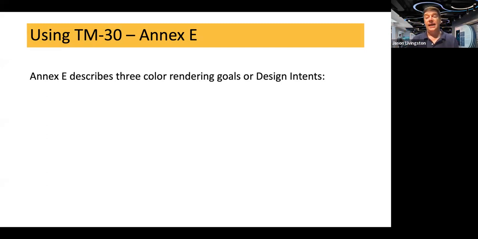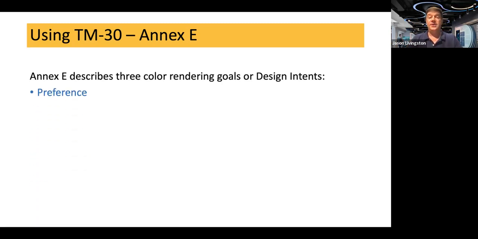And we were able to analyze that and come to the very firm and really great understanding that TM-30 allows us to achieve, with a high degree of certainty, three color rendering goals, or what we call in Annex E, design intents.